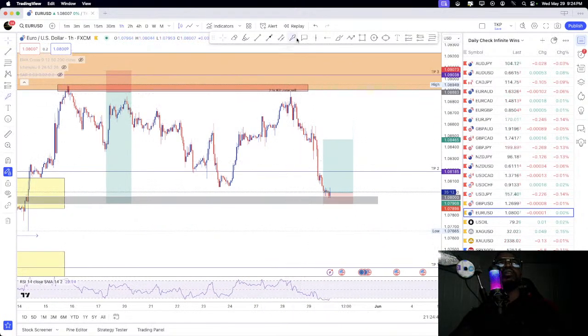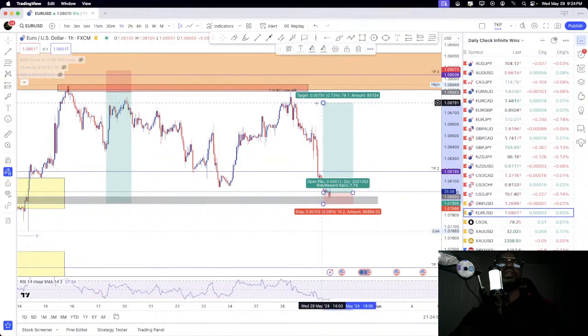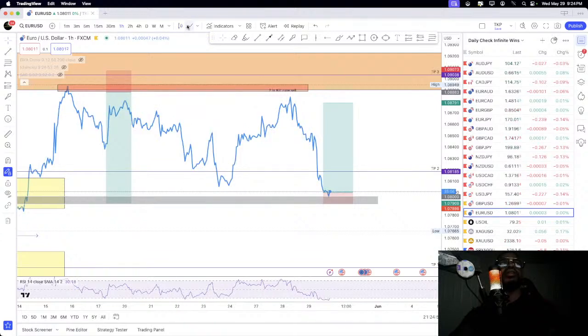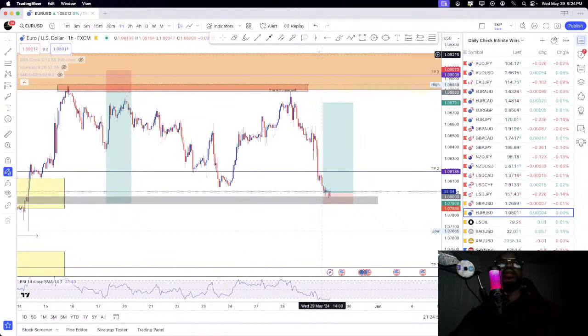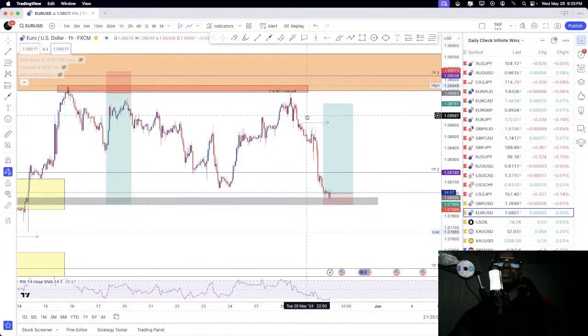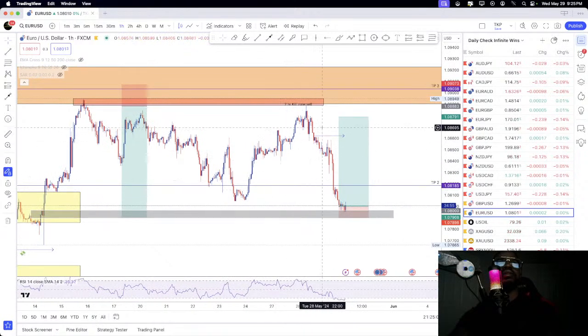So we do have a head and shoulders pattern right here. Let's see if price will break above the highs here on Euro USD to retest that right shoulder.